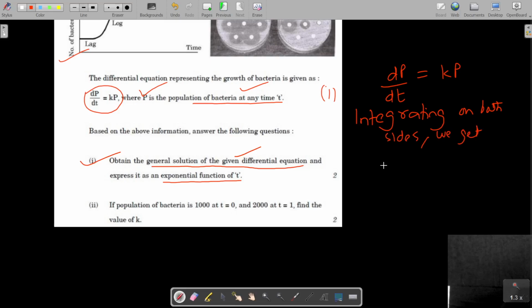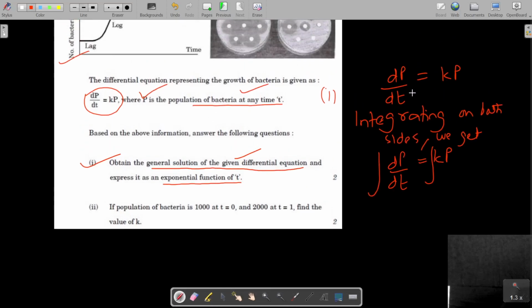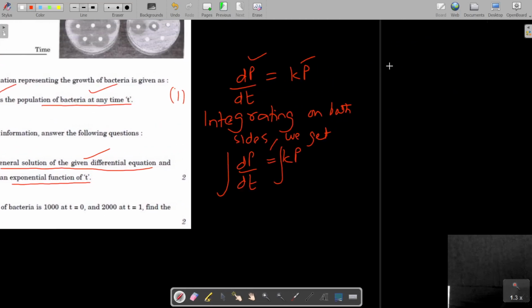Let's rearrange it, so this can be written as dP by P is equal to k into dt.